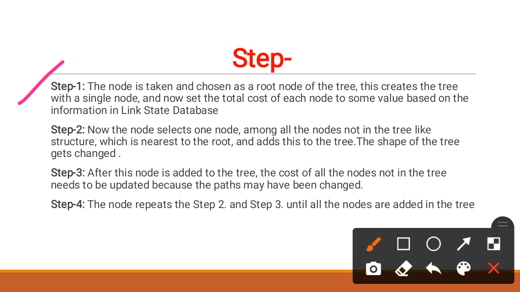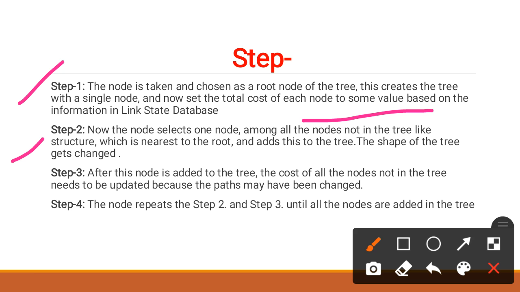the node is taken and chosen as the root node of the tree. This creates the tree, which is a single node, and now set the total cost of each of the nodes to some values based on the information in the link state database. Then step 2: now the node selects one node among all the nodes not in the tree, the one which is nearest to the root, and adds this to the tree.